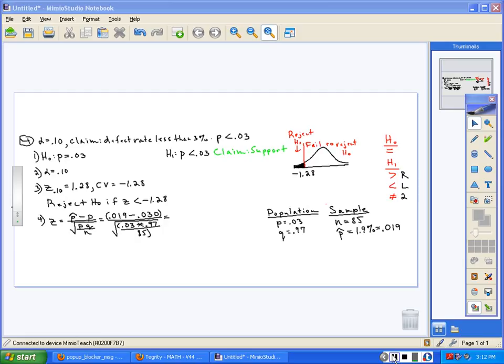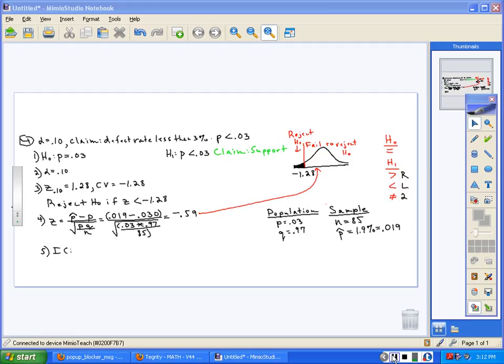And the answer comes out to be negative 0.59. And then step 5, initial conclusion. Okay, so you look at the graph, and negative 0.59 would be over here.